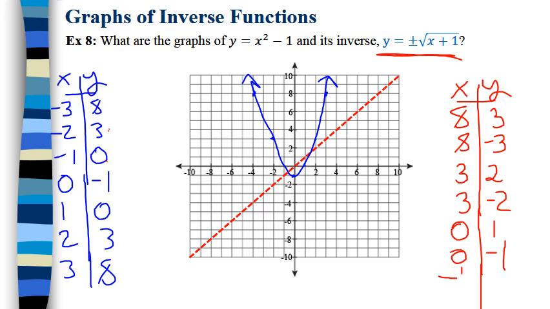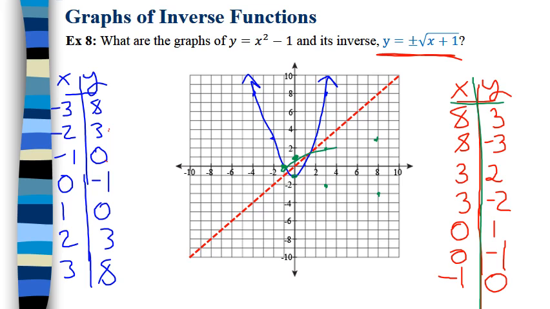If I put in -1, I get out 0. And so if we graph this function, and I'll graph this in green, I plot -1, 0, and then 0, 1 and -1, and then 3, 2 and -2, and then if I go out 8, I can go up 3 and -3.